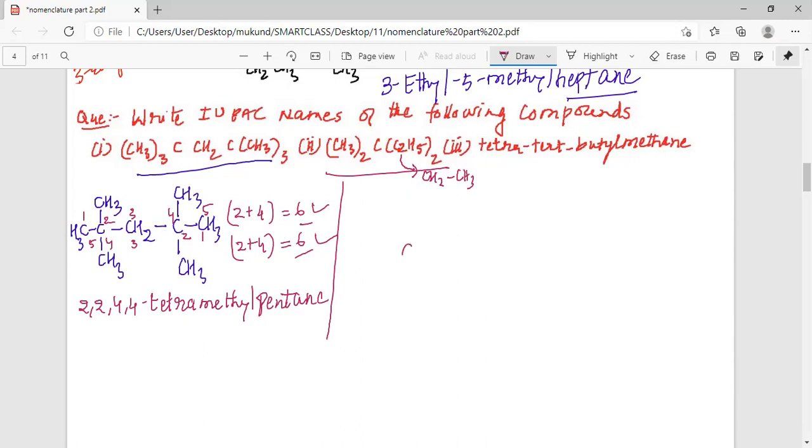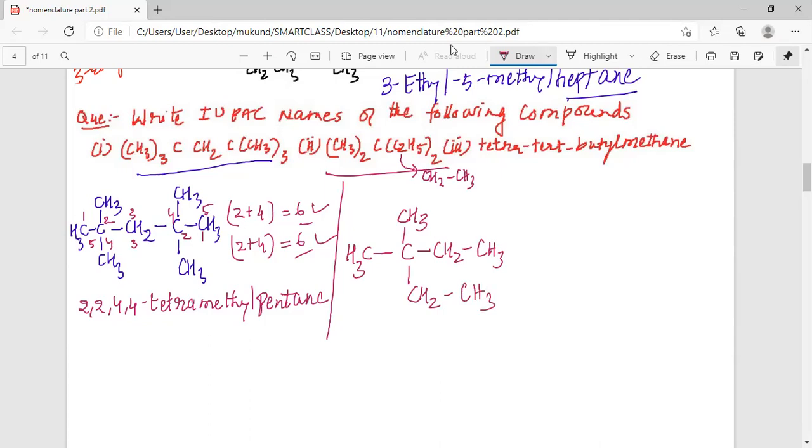So here we have a carbon. With this carbon, my dear students, 2 methyl groups are present. Thus we have CH3 and we have CH3. Then we have 2 CH2CH3 groups. So CH2 and CH3, and we also have CH2 and CH3.